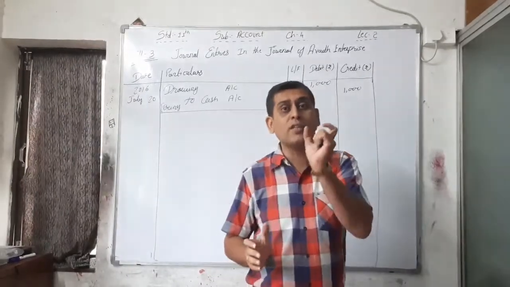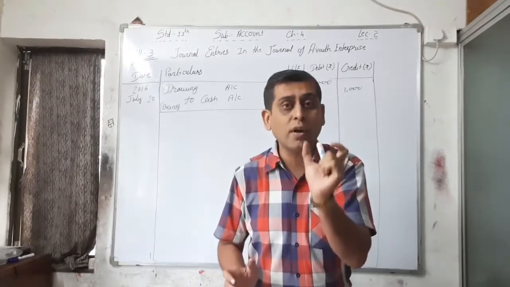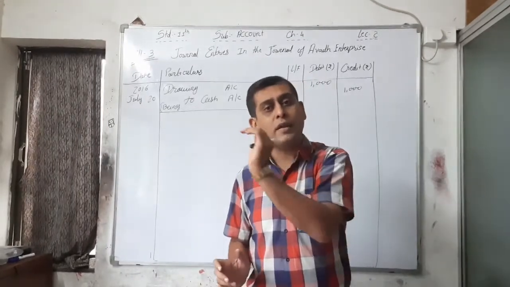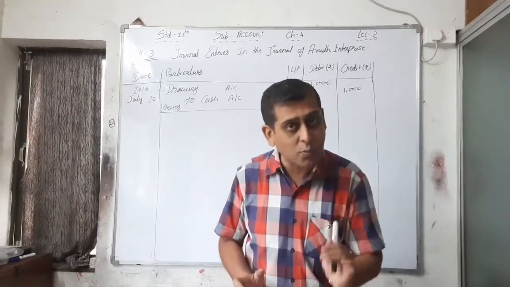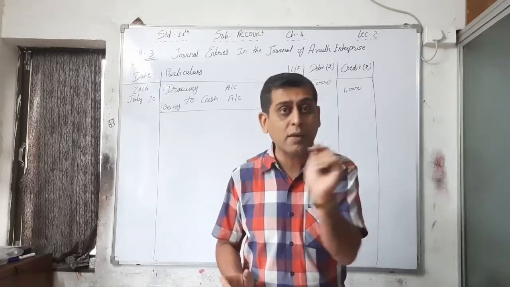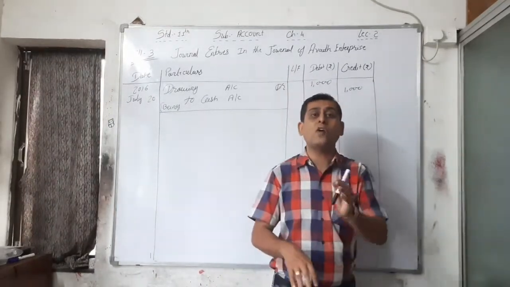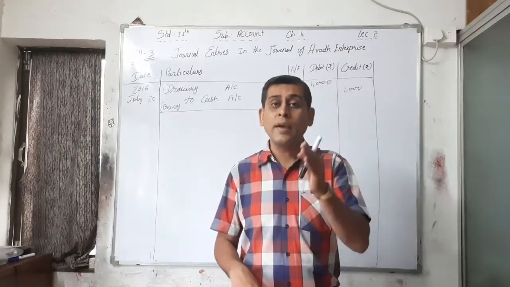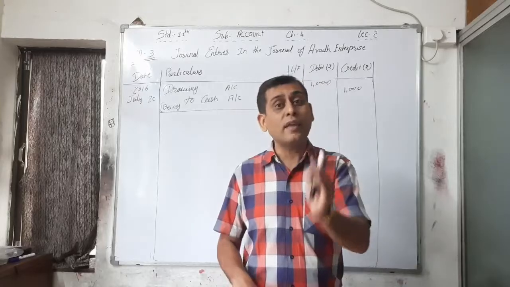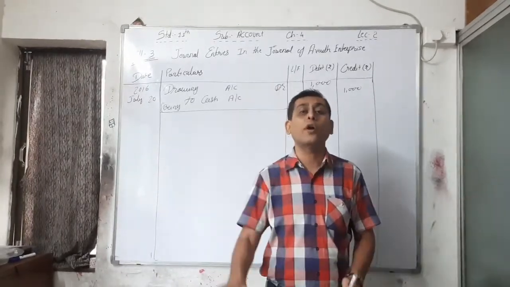So whenever only the words insurance premium are given, you have to debit insurance premium as a business expense. But for the words life insurance premium, underline that particular word, life. Life insurance premium is only the owner's life insurance premium, and that's why it is a personal expense of the owner, and if it is paid from the business, then it will become our drawings.